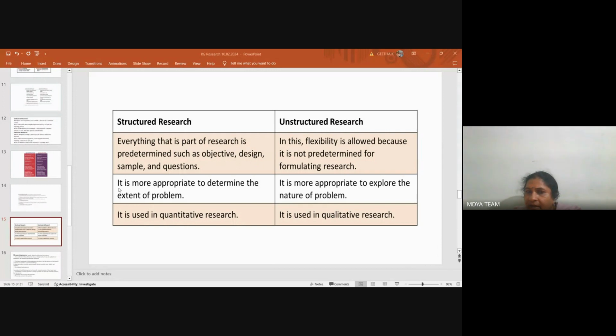And another point they are coming to say is that it is more appropriate to explore the nature of the problem. So when the nature of the problem is beyond control, when you are doing such an open, social type of research, it is a team only in these cases, not a single therapist, a team of doctors would be there.